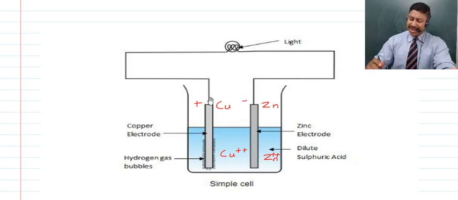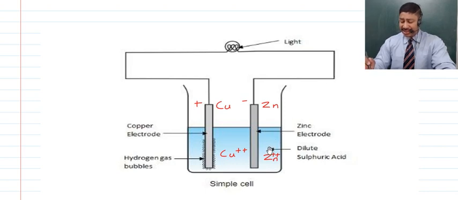Now children, in the external circuit, this is how the movement of electric current happens, and in the internal circuit, it is actually in both directions, the anions moving towards the anode and the cations moving towards the cathode, right?